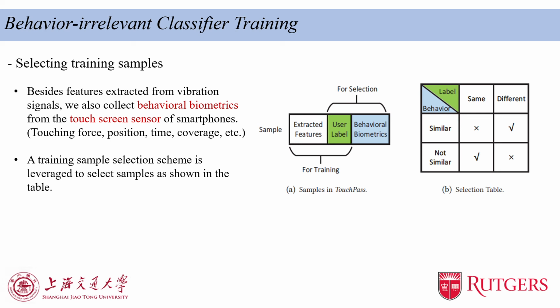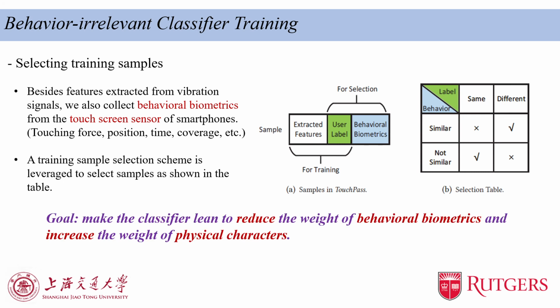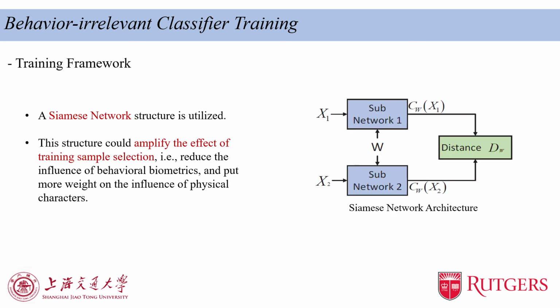The goal is to let the classifier reduce the weight of behavioral biometric and increase the weight of physical characters. And we did that by using a special neural network model, Siamese network, as the classifier framework.